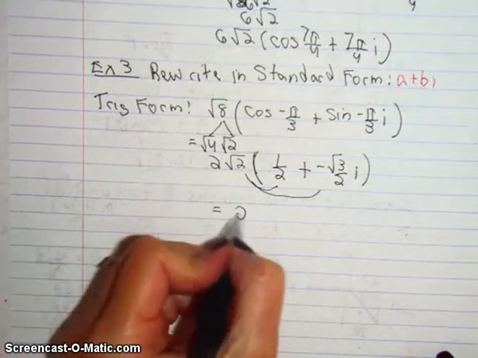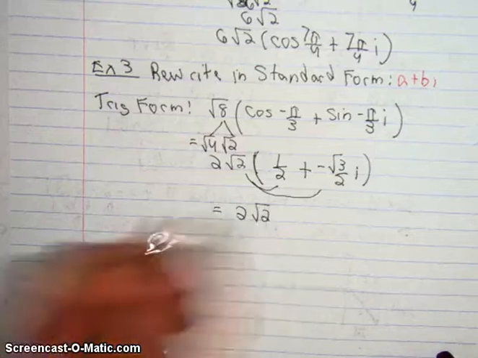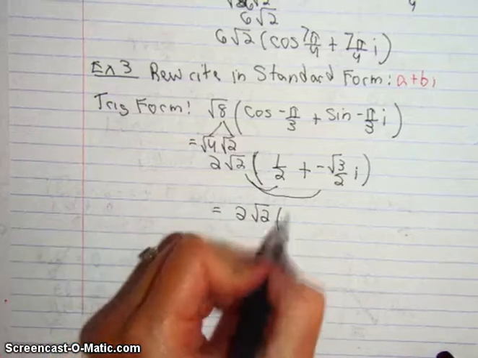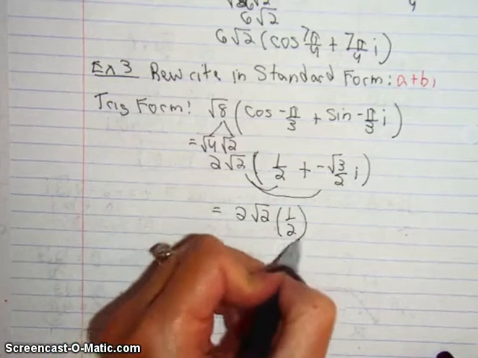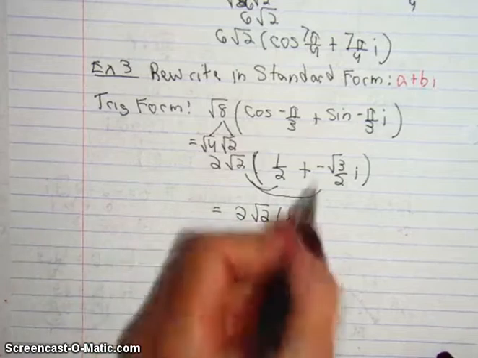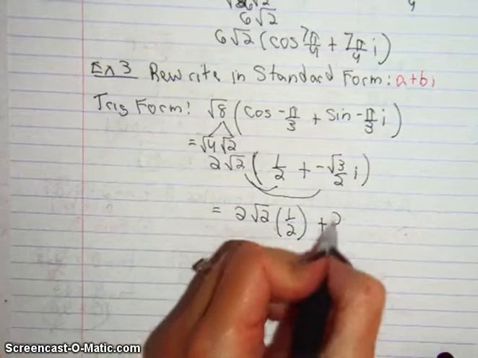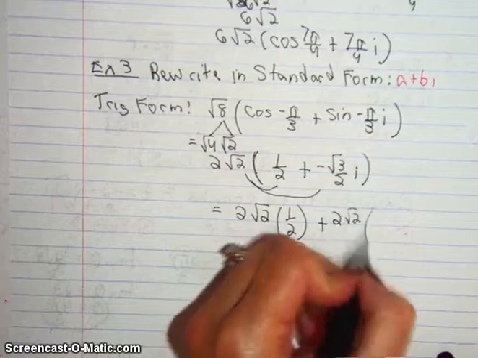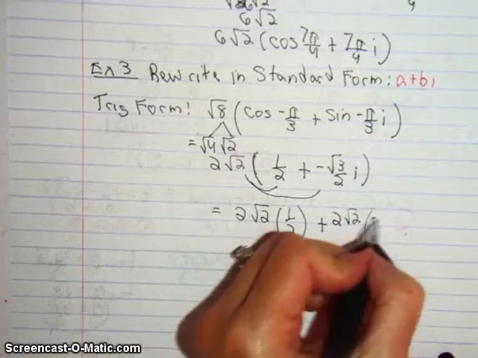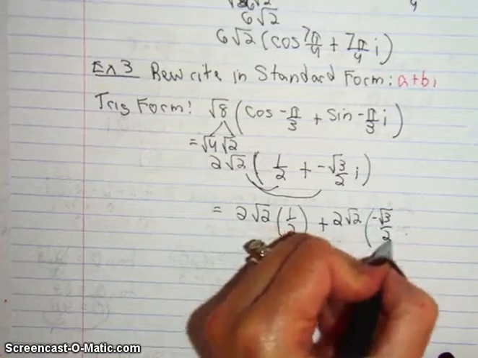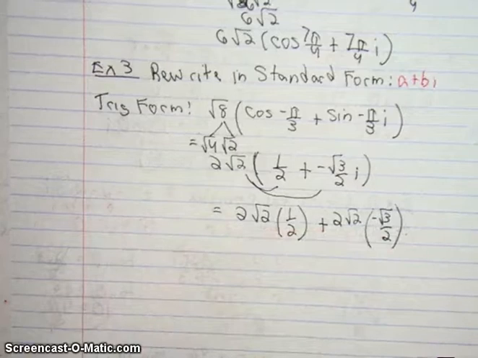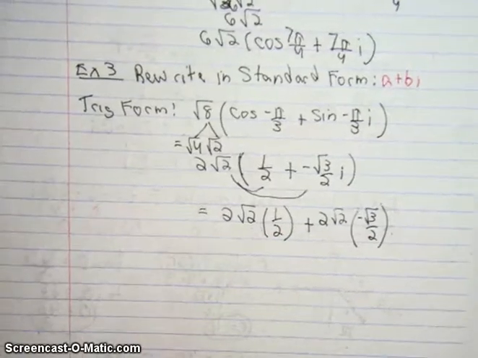So if we distribute, we have 2 root 2 times a half plus 2 root 2 times negative root 3 over 2. Now let me stop there.